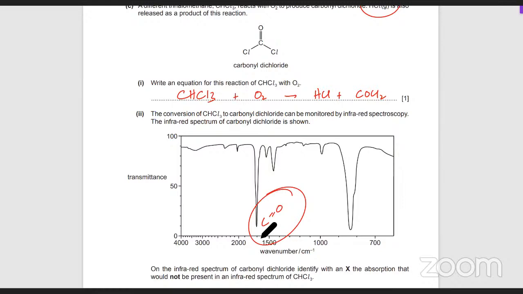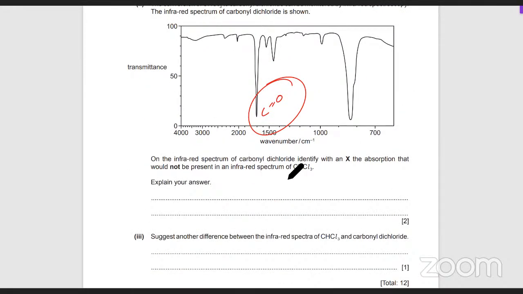On the infrared spectrum, the carbonyl is identified with the absorption that would not be present. So ये नहीं present होगी ना. In CHCl3, you don't have this. It does not have. So ये जो absorption है at 1600, वो data booklet से exact values quote कर लेना. So this absorption is not going to be there.